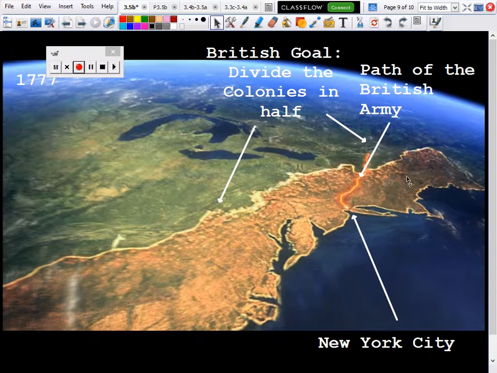So what they decided to do is attempt to link up their forces in Canada with their forces in New York City and cut the colonies in half. So the southern colonies down here can't support the northern colonies, and vice versa. The north can't support the south. But right now, most of the fighting is taking place, or has been taking place, in the north and middle region. This is 1777 when they're executing this plan.